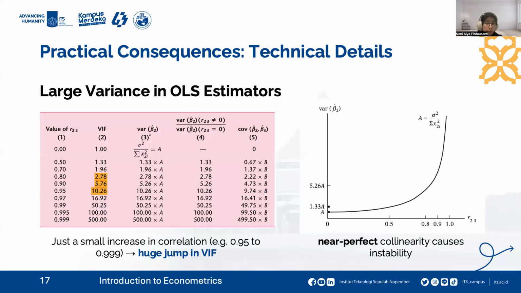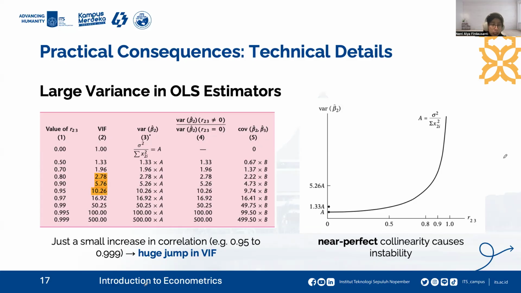Let's take a look at this illustration. Let's say this is the covariance of beta 3 and beta 2, or we can say the correlation coefficient of x2 and x3. If it is around 0.8, the VIF will be 2.78. If the correlation coefficient is 0.90, the VIF will be equal to 5. And if the correlation is 0.95, the VIF increases significantly to 10.26.